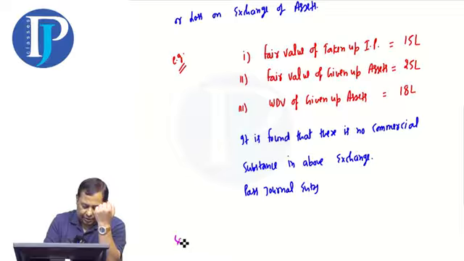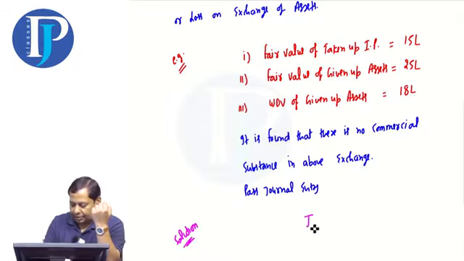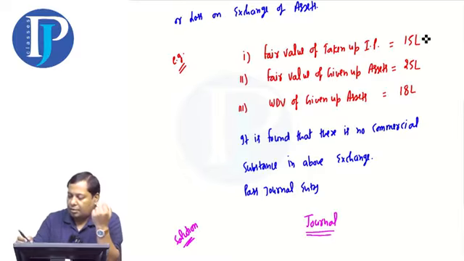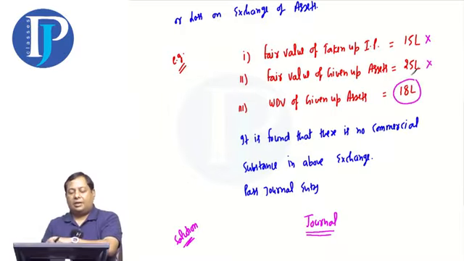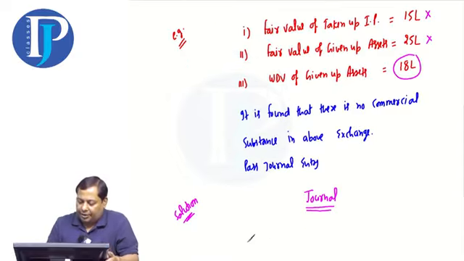You have to enter it. We will write in the journal entry. These values will not be used. Only 18 lakhs will be used as the carrying amount. Is that clear, students? We will pass the entry in this.